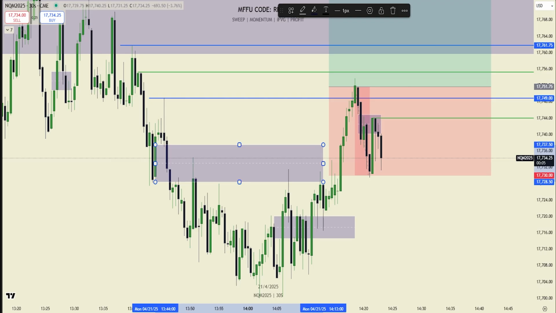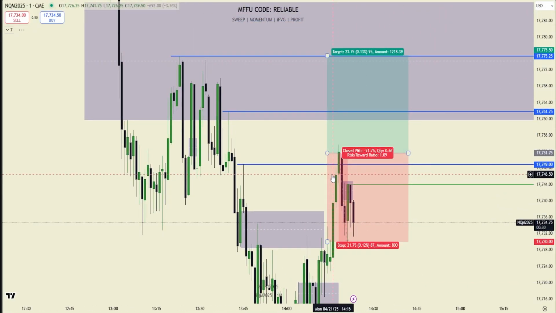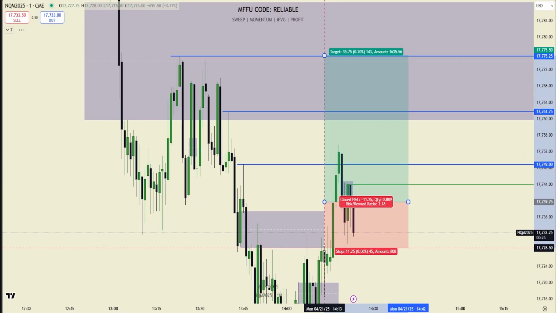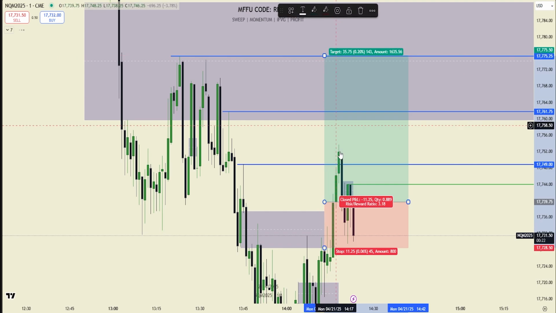Days like this or similar, would it be smarter to take trades to 1R? Yeah, I think so. I think that makes sense. I don't even think we got to 1R on this trade. Maybe we just did. Yeah, we just got to 1R.